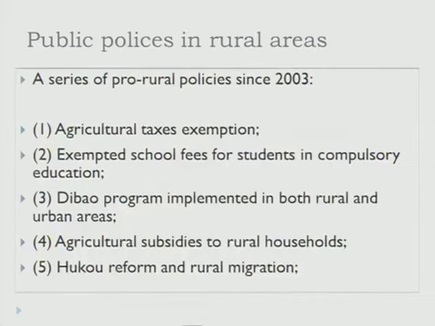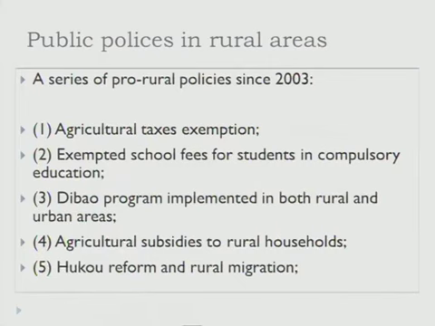Also, I think some public policy is really important for the fast income growth of rural households and for narrowing the income gap between rural and urban areas. Since 2003, the government has issued a number of rural policies. For example, agriculture tax exemptions.